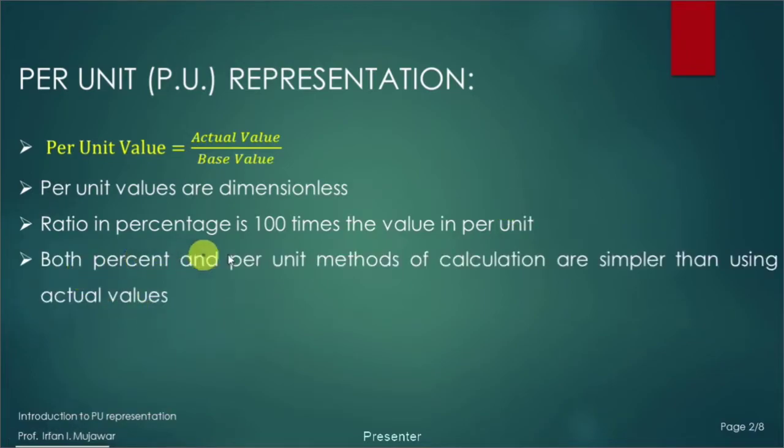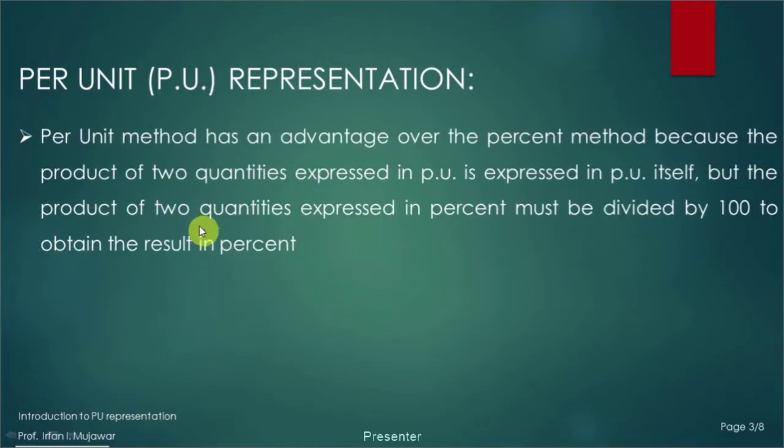Both the percent and per unit methods of calculation are simpler than using actual values. So to do calculation in percent method or by using per unit method, it is simple as compared to doing calculation in actual values.